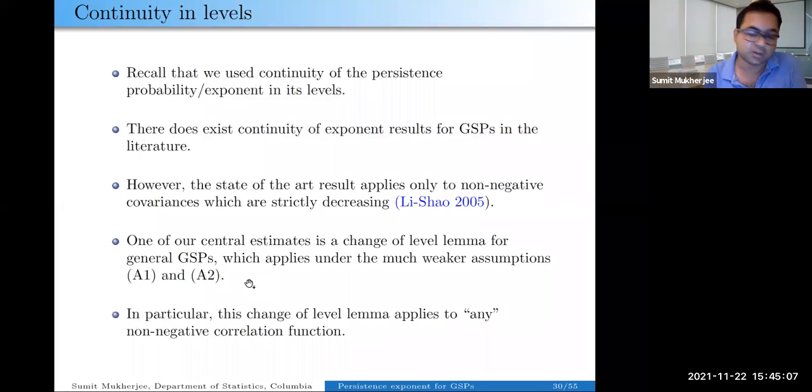And in particular, our result applies to any non-negative correlations. The only catch is that we need some sort of log beta moment assumptions. Whereas if I remember correctly, Li-Shao doesn't have any tail conditions on rho. So they do assume non-negative correlations decreasing. I'm not sure whether that implies some sort of moment assumptions on the measure, but other than that, it applies to any integrable correlation.